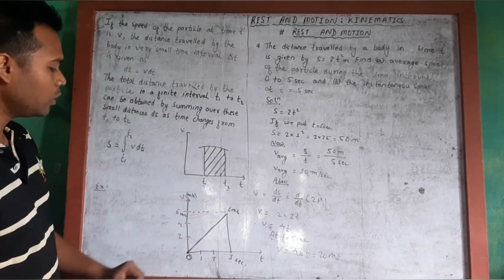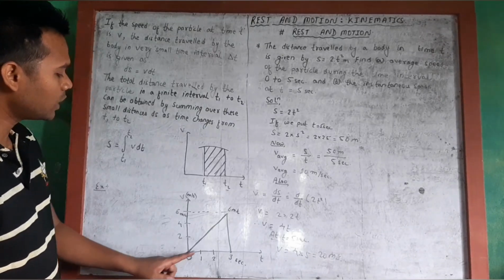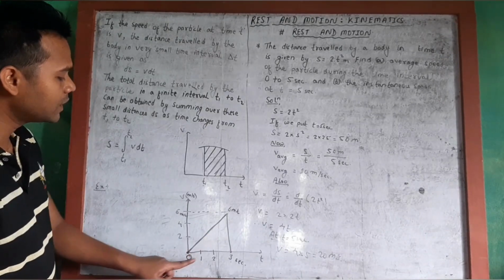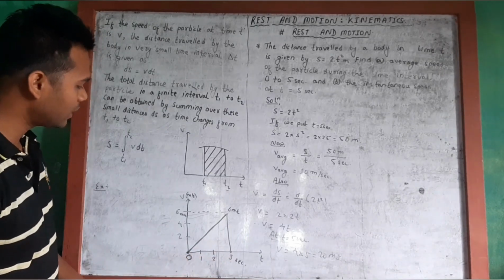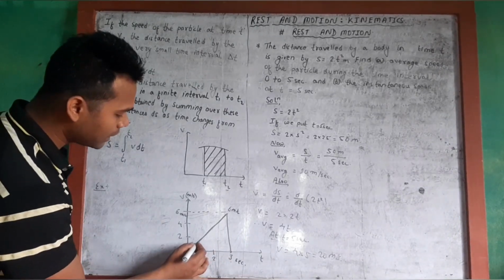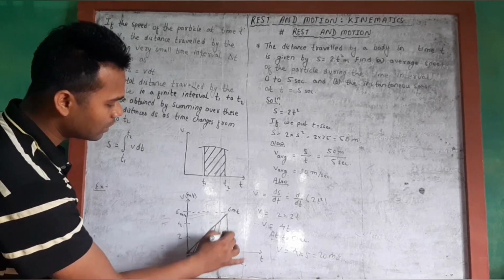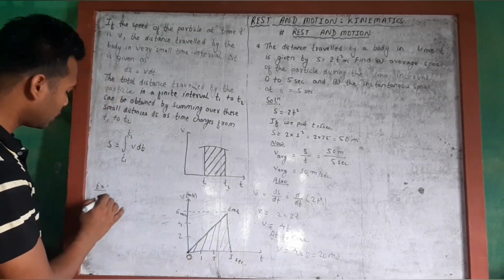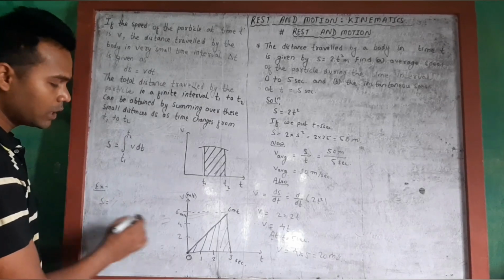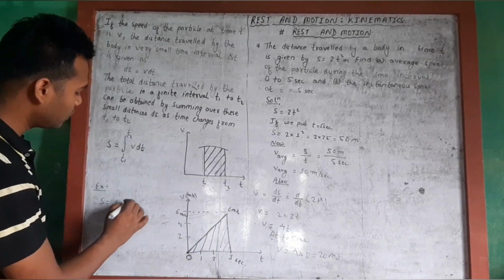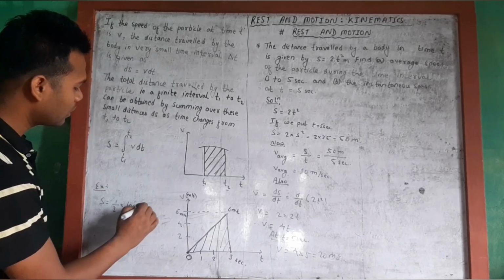Now, if we are asked to find the total distance traveled by the object in this time interval 0 to 3, then we can find the total distance by simply obtaining the area of this triangle. Therefore, the total distance can be given by the area of the triangle. The area will be given by half into base into height.